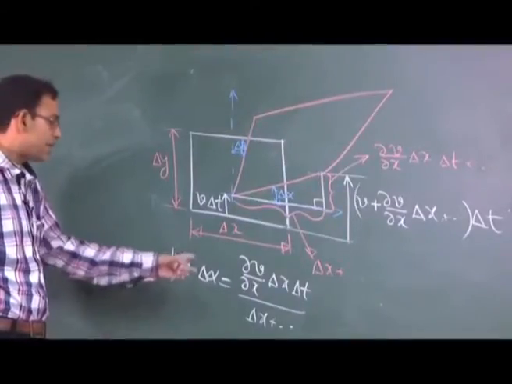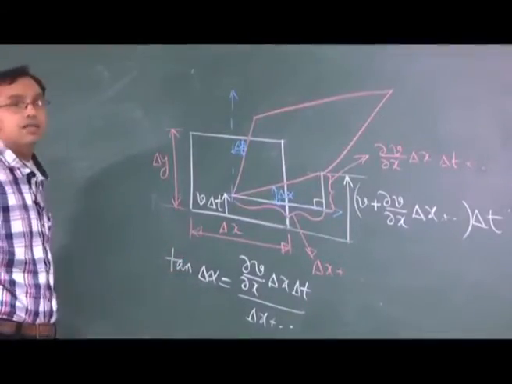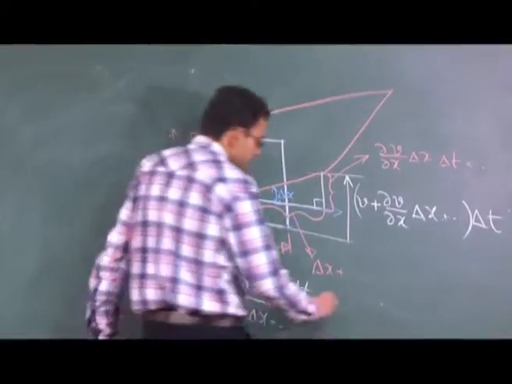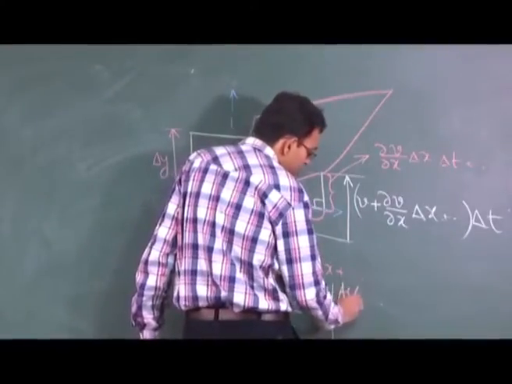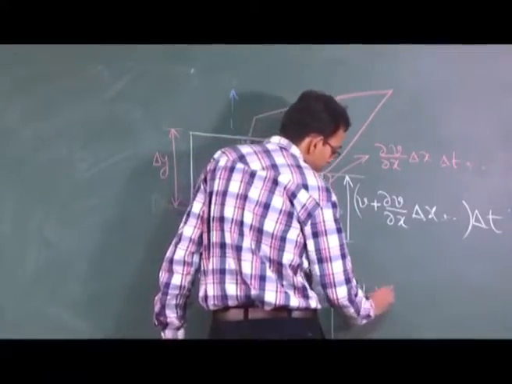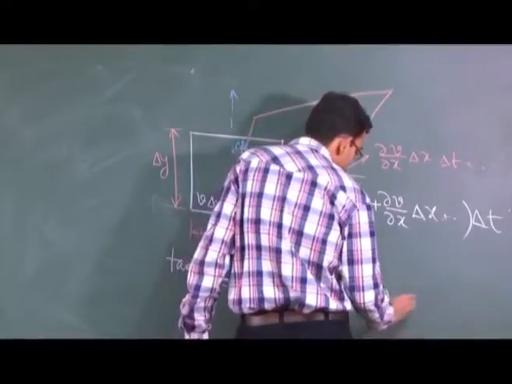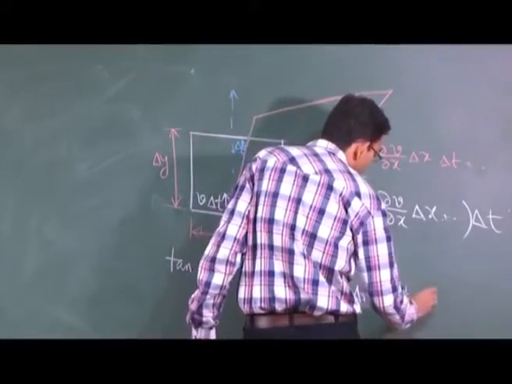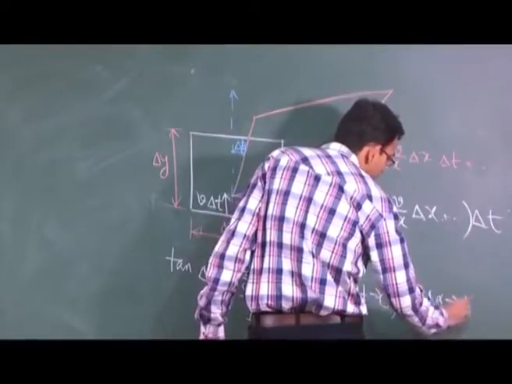So, we can say that tan of delta alpha is the same as delta alpha. So, as delta t tends to 0, tan of delta alpha tends to delta alpha.